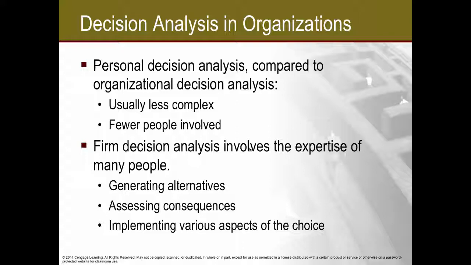They generate alternatives, but with many people involved, there are conflicts of interest or ideas, which generate more alternatives for us. And assessing consequences will be more difficult as well. There are different aspects of different choices. So implementing the various aspects of the choices would be another part of organizational decision making.